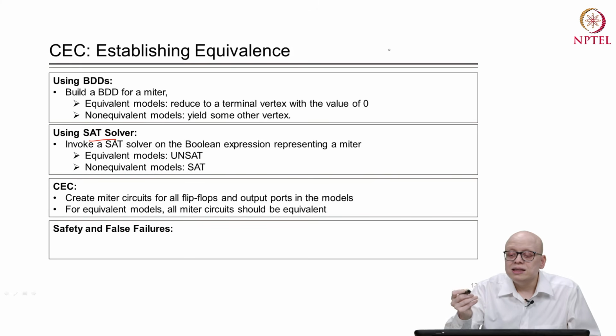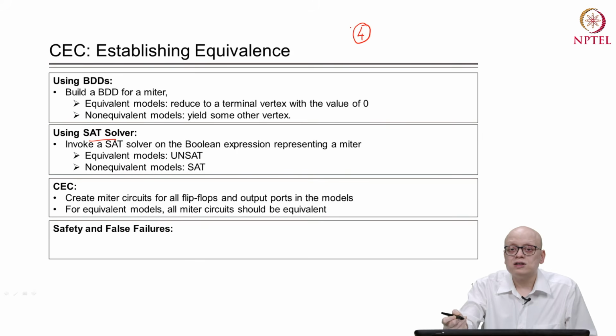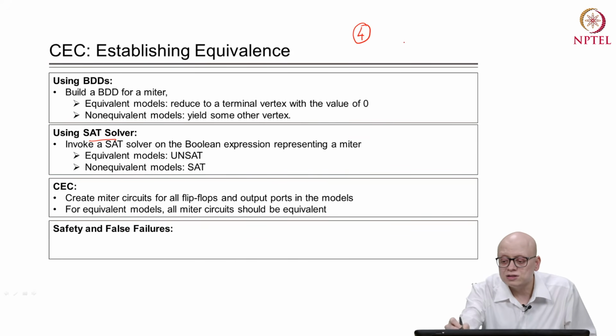So, suppose there was a case in which the mitre was failing and there were 4 flip flops in its fan in cone, and the combination that it produced that led to the failure was, for example, 0 1 0 1.